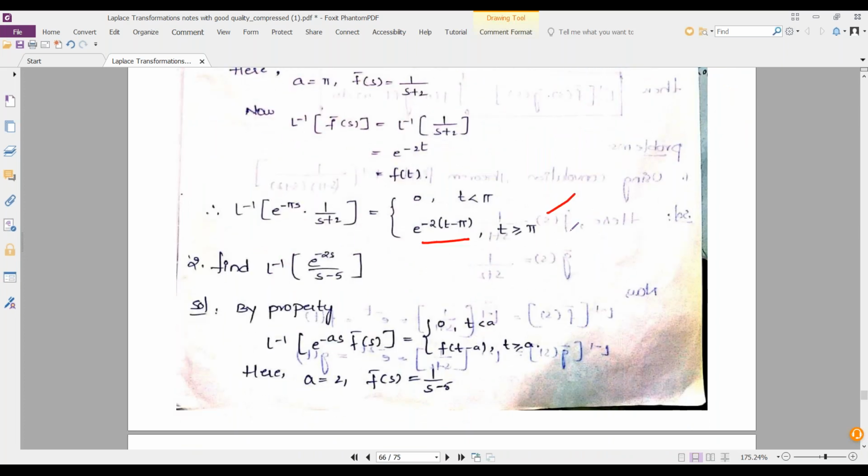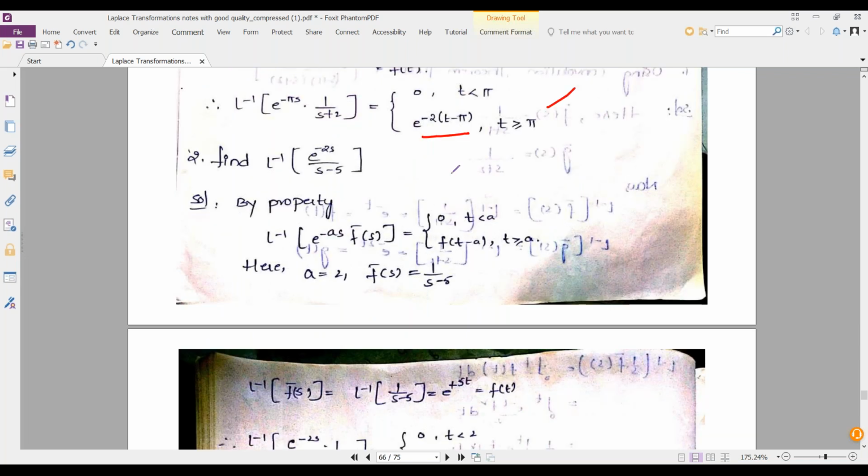Again here, e power minus 2s means a equals 2. The rest of the process is the same. So straight away I can answer the question. s minus 5 means e power 5t. So the answer would be e power 5 times (t minus 2) if t greater than 2, 0 if t less than 2. That's it.